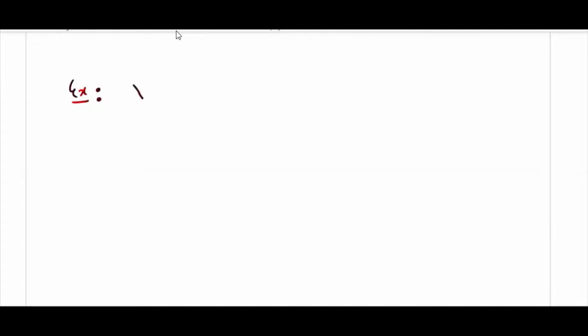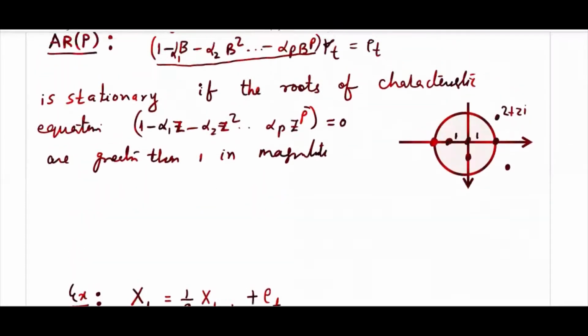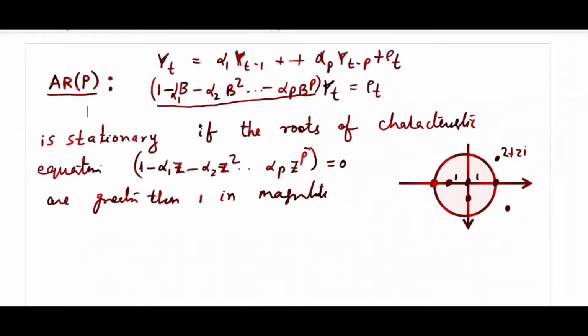If you remember, we started with this one, xt is equal to, alpha modulus less than 1. You start with 1 by 2 xt minus 1 plus et. If you get it this way and you apply this formula, see how you get this equation, 1 minus alpha 1 z, alpha 2 z square and all that. So alpha 1 is the coefficient of this.